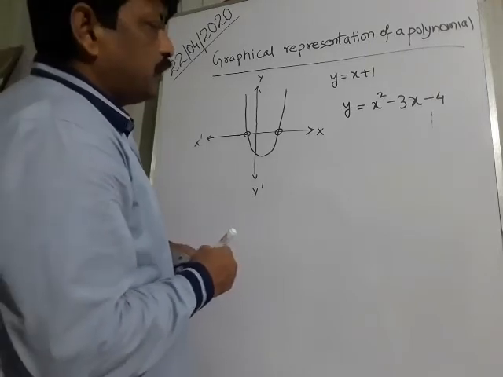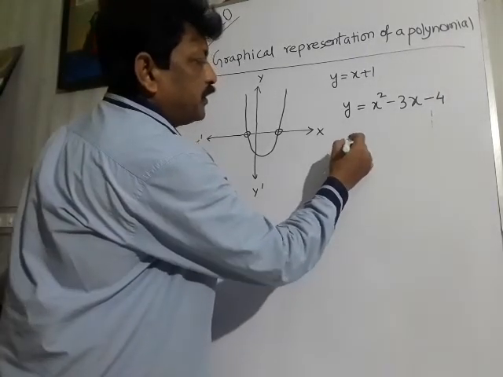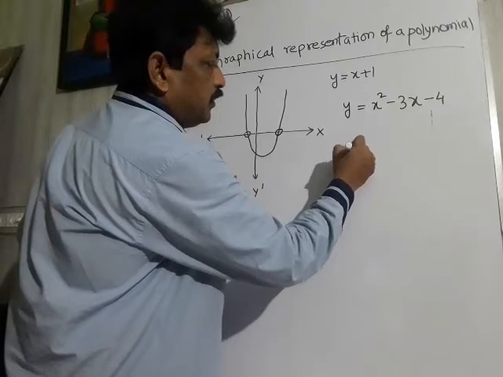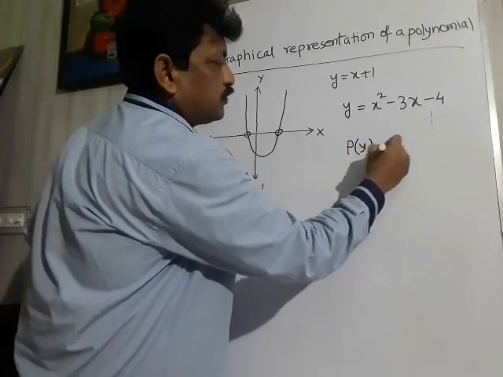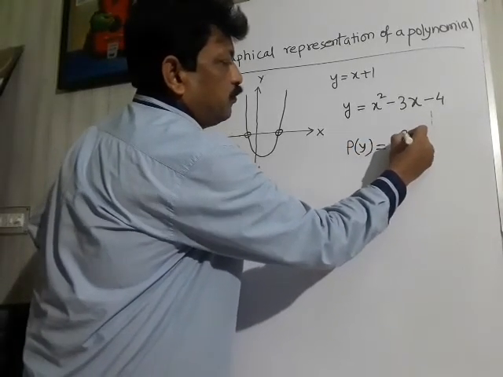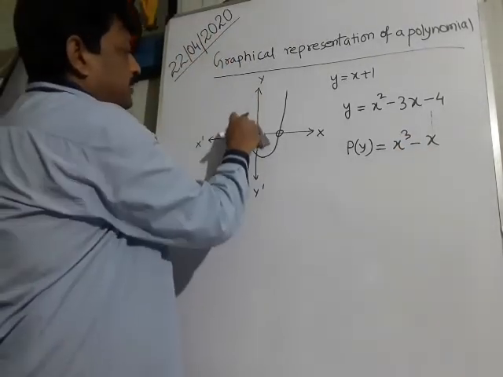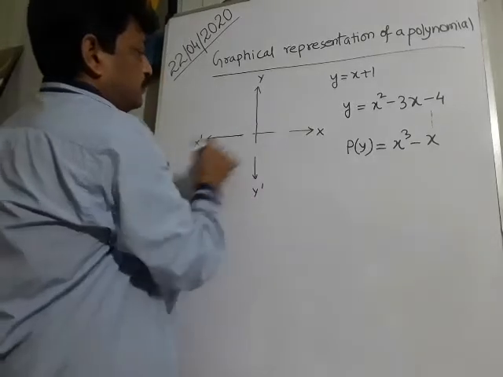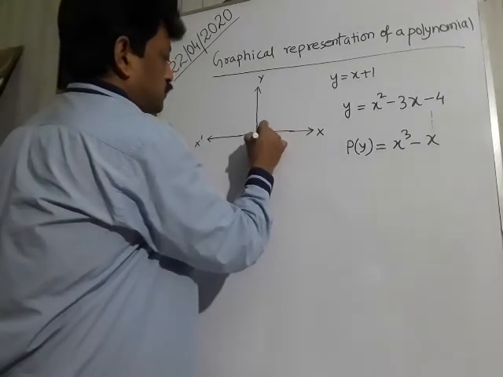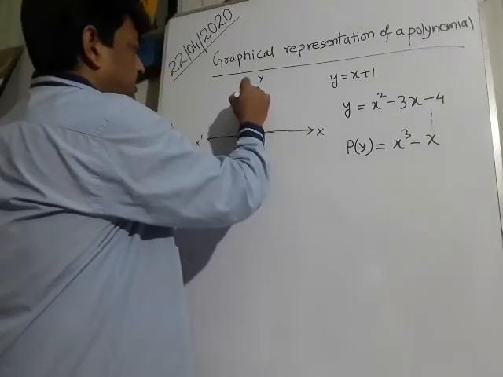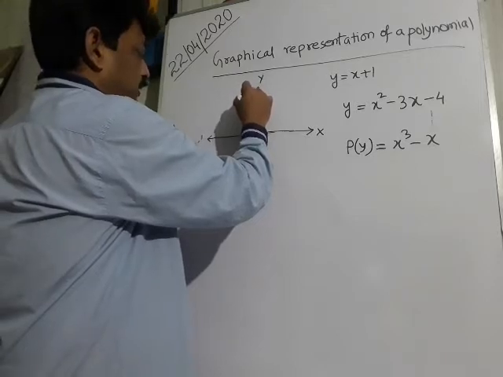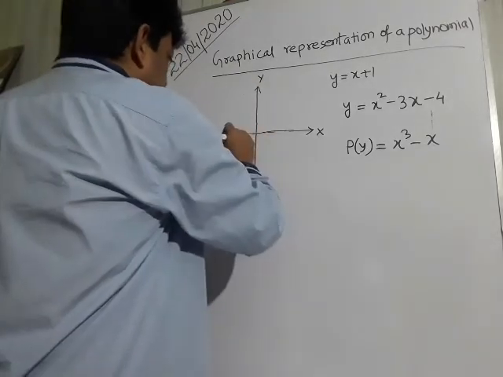Similarly, if we go for a cubic polynomial like p(x) equals x cube minus x, then we will obtain a graph like this. Let me show you. We will obtain a graph like this.